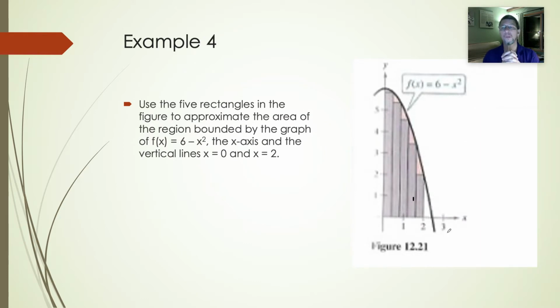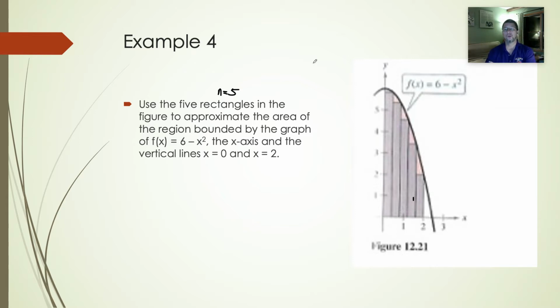So let's have a look at example number 4. It says, use the 5 rectangles in the figure. And by the way, because there are 5 rectangles, n is going to equal 5. Use the 5 rectangles in the figure to approximate the area of the region bounded by the graph of f of x equals 6 minus x squared, the x-axis, and the vertical lines x equals 0 and x equals 2.